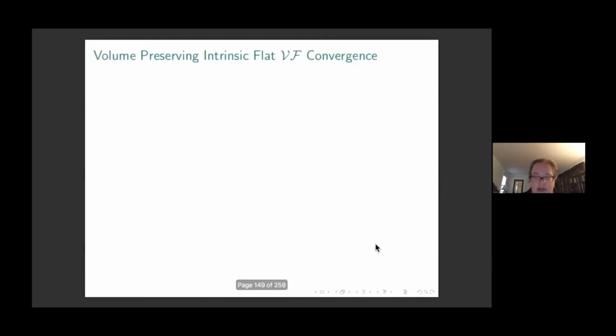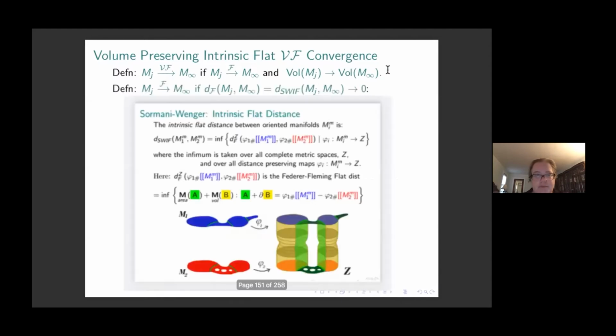So let me just remind you that volume preserving intrinsic flat convergence means that you have flat convergence or SWIF convergence of the M_j to M_infinity, and the volumes are also converging. And remember that the intrinsic flat distance or SWIF distance between two Riemannian manifolds is found by finding distance preserving maps phi_i from M_i to Z. Z is any complete metric space.